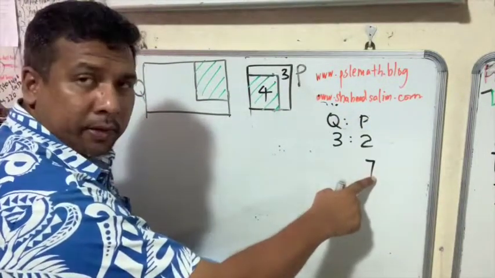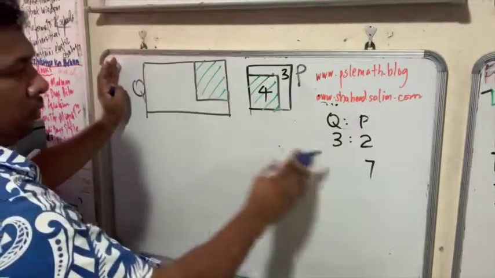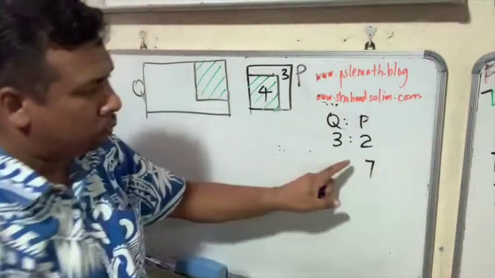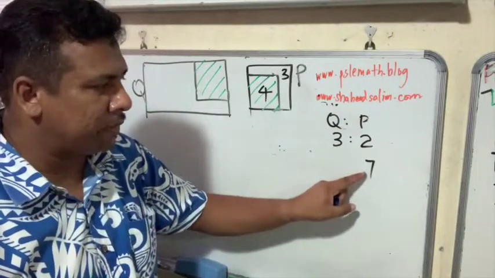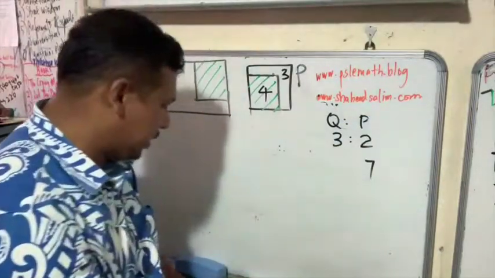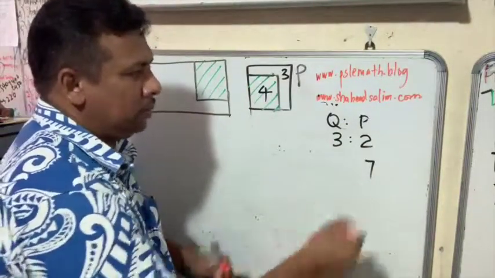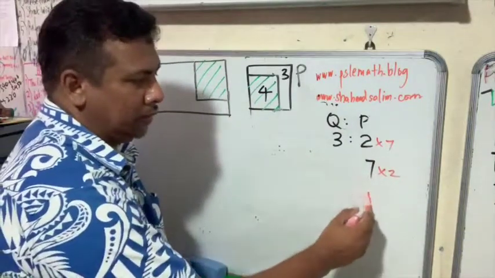Now, we want this to be the same, because you cannot have P being 2 units and 7 units. You have to make it all the same. So we times this by 7, and we times this by 2. So you get 14 for P.